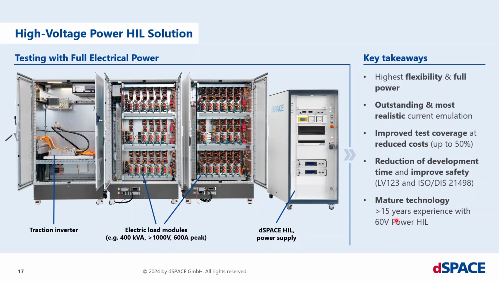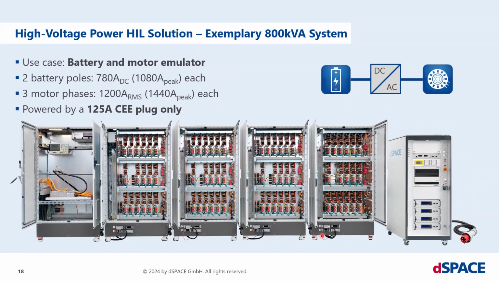And dSPACE is very experienced with the technology. So our first power hardware in the loop systems were set up 15 years ago. So there's a lot of development effort within these systems. These systems are scalable. So what you see here is a 400 kVA system. If you as a customer ask us for setting up an 800 kVA system, we only add 2 of these load module cabinets.